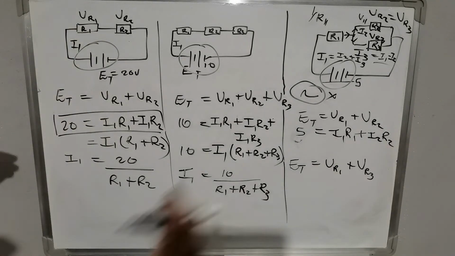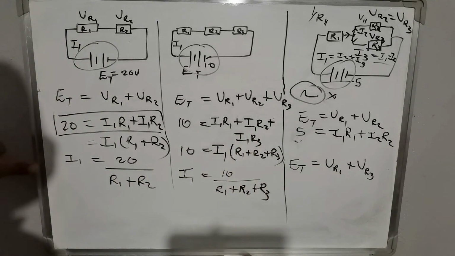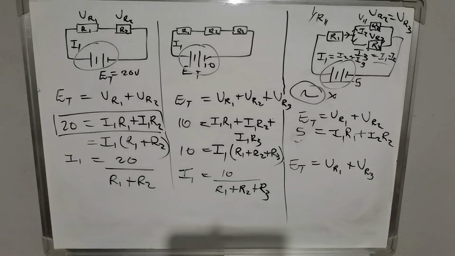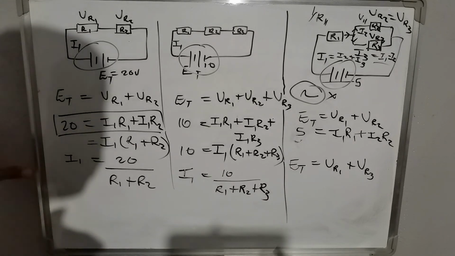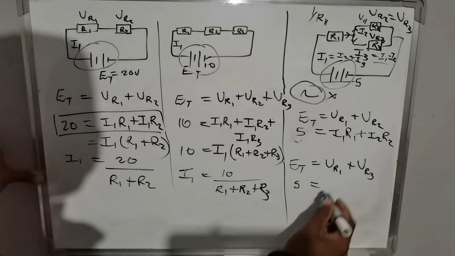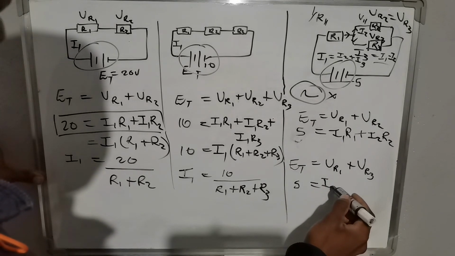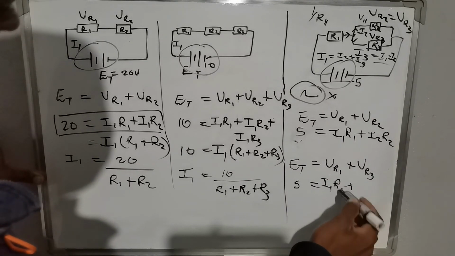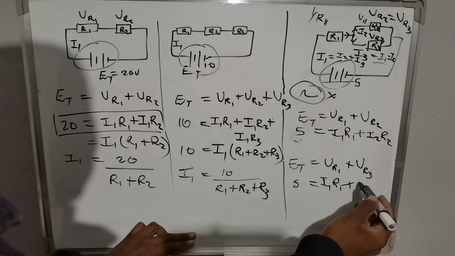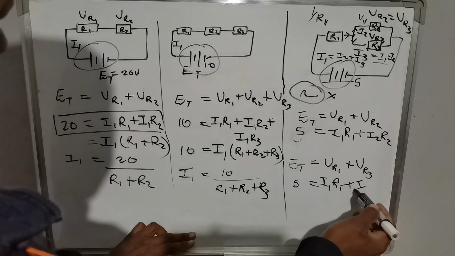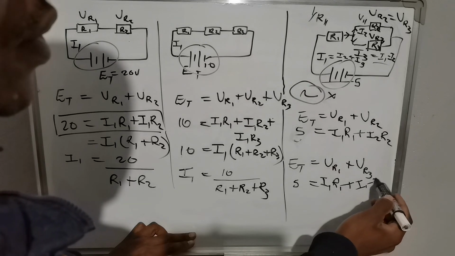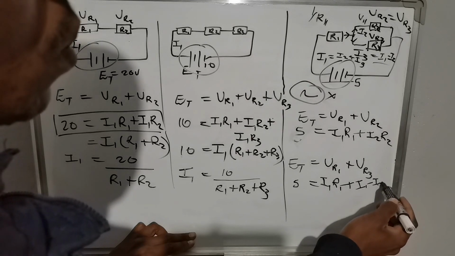So now here it's unlike the previous examples, okay? There is no common I1 and I2, so we can no longer take out a common factor. Here this would be 5, I1 R1 plus, let's say I3 is I1 minus I2.